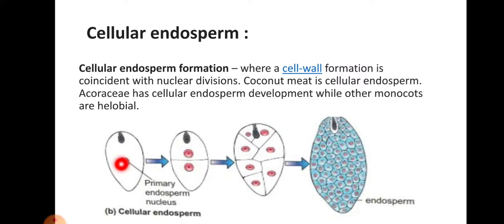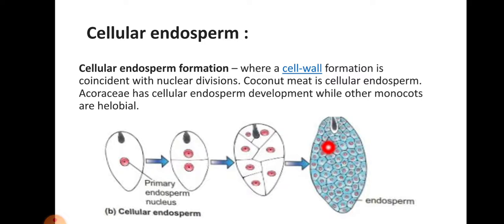So here you can see the primary endosperm is there, then it will be divided into two cells, that is, mitotic division takes place, then again it will be divided into more cells, again divided into more cells.